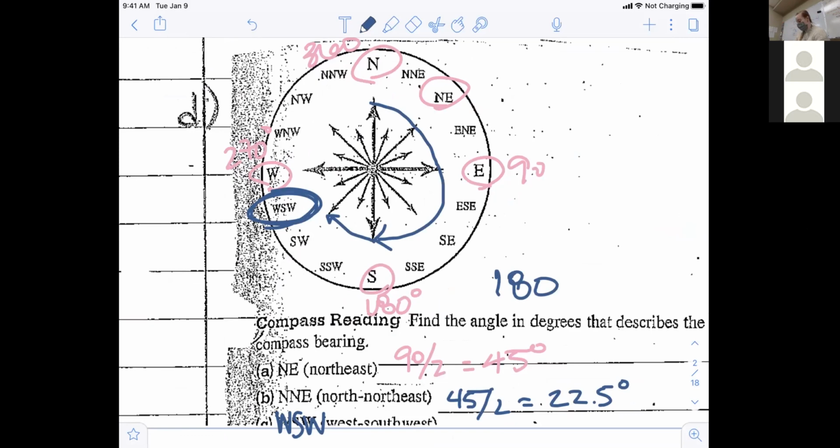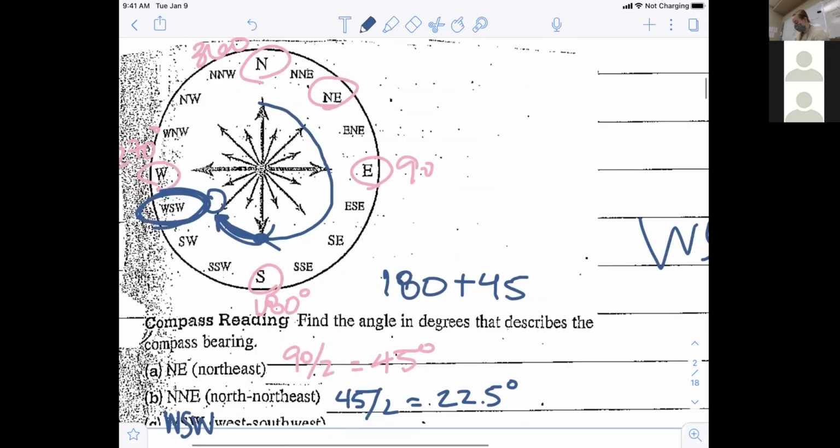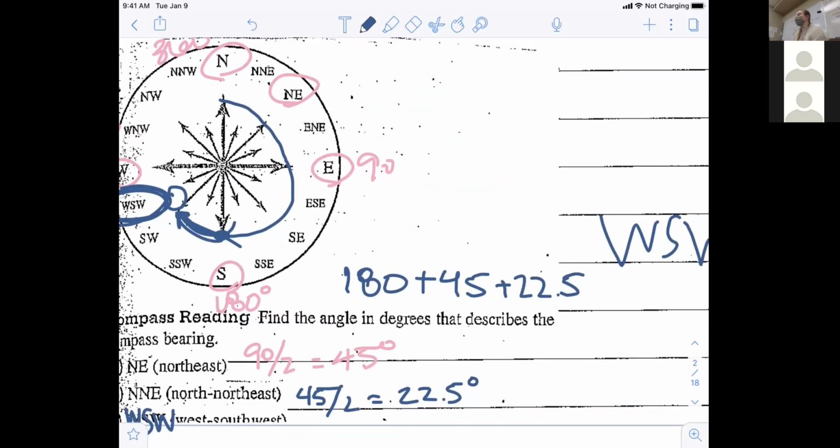From south to southwest. I'm looking for 45. Is everyone okay with that? And then one more baby increment from southwest to west-southwest. How much is that? 22.5. And so we're going to add all three of those together.